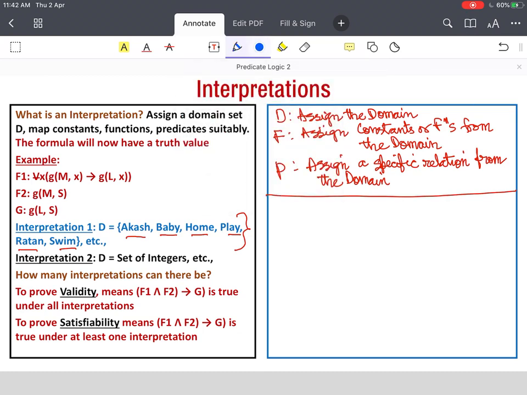Then we have to define the following. We have to define the value of M. Let us say we define M to be home. Then we have to define L. Let us say we define L to be Akash. And we have to define S.